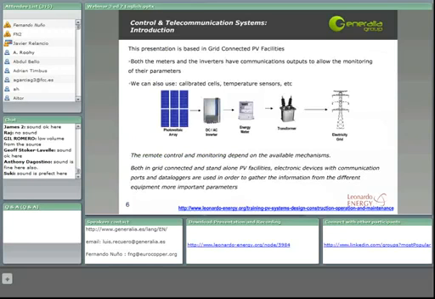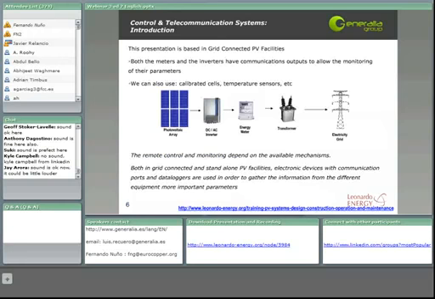In this slide, we can see the elements that we can usually find in a grid-connected PV facility. Normally, the main elements to be monitored are the meters and the inverters, but we can also use calibrated cells, temperature sensors, and other devices to monitor different parameters that might be useful for our data management.